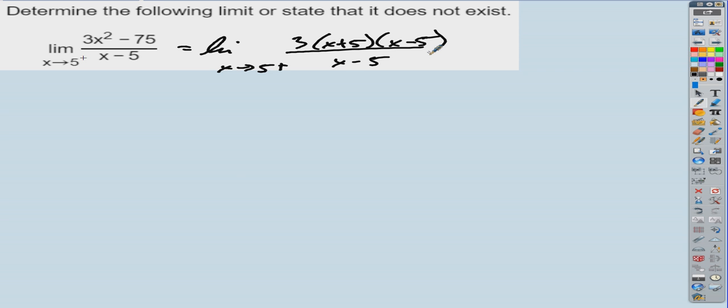And so I could algebraically cancel the x minus 5. That's equal to the limit of 3 times x plus 5 as x approaches 5 from the right. Well, what do I care if it's from the right? What's my answer? 30, if I just evaluate correctly.